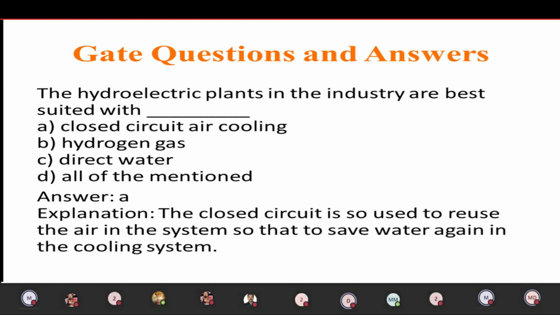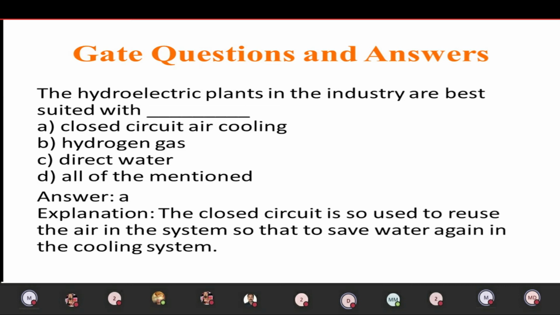The hydroelectric power plant. The word indicates hydroelectric power plant, so we are using a salient type machine. Once you read hydropower plant, it means the salient pole machine. The diameter of the salient pole machine is very high, so the length is very low.